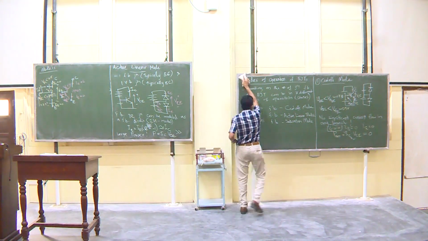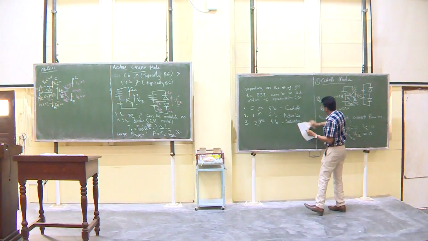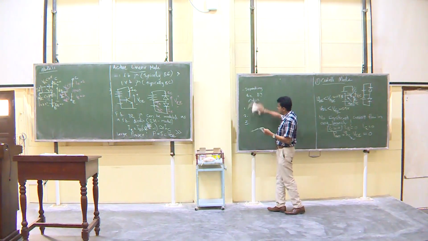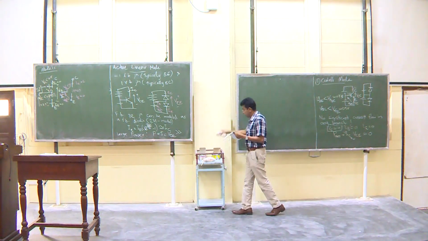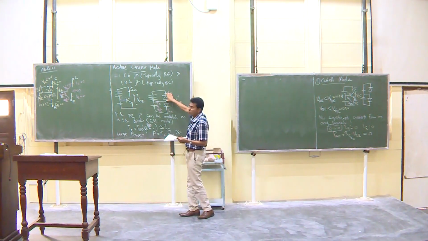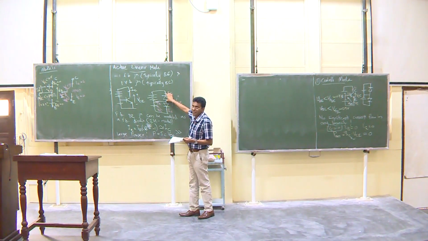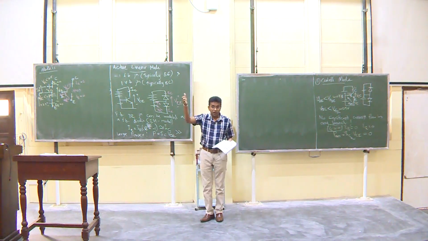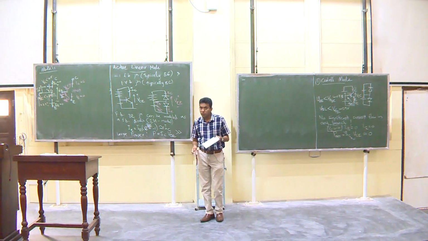Now, how about the second junction? The first junction, the base emitter junction, we could model using Ebers-Moll, but for the second one, we said it does not behave like a diode, it has this current controlled current source behavior, right.